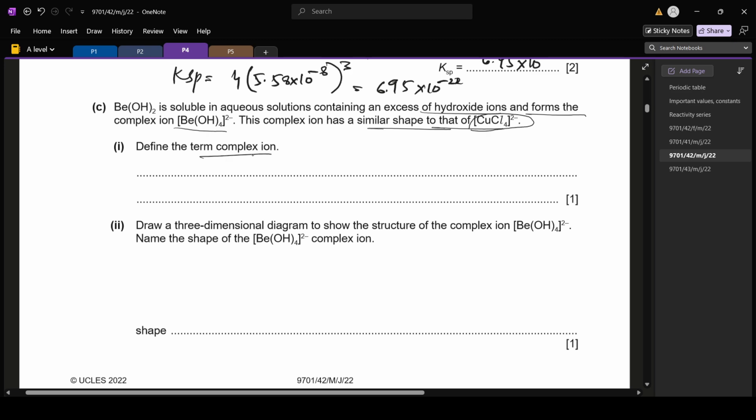Define the term complex ion. What is meant by complex ion?